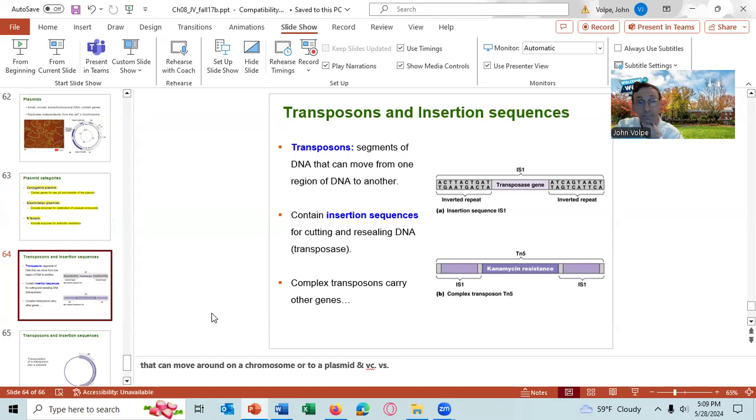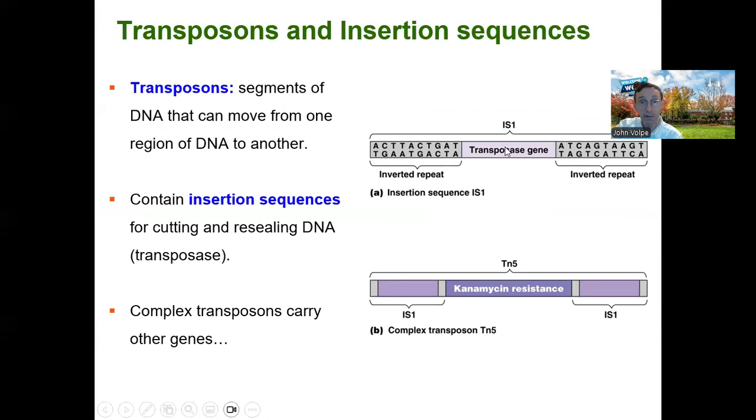Transposons can move around from one chromosome to another. A transposon is a segment of DNA which always has the transposase gene in it, and the transposase gene cuts out this region of the DNA and then can insert it in a new place.